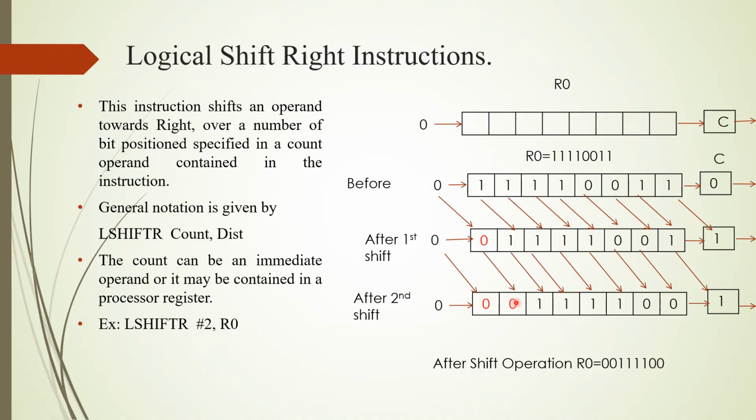After the second shift, the data is once again moved from the MSB towards the next bit, and the empty bit positions are filled with new zeros. The bit which is moved out of the register is lost, and a copy of the last bit moved out is available in the carry flag.